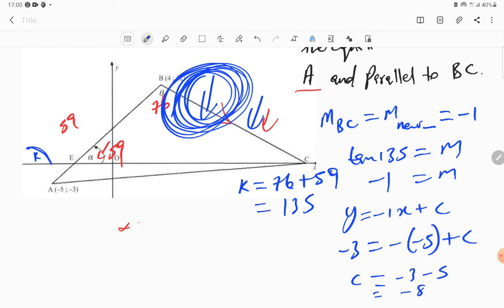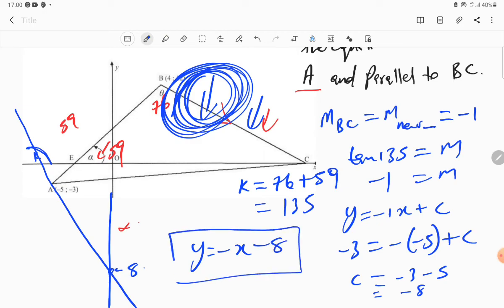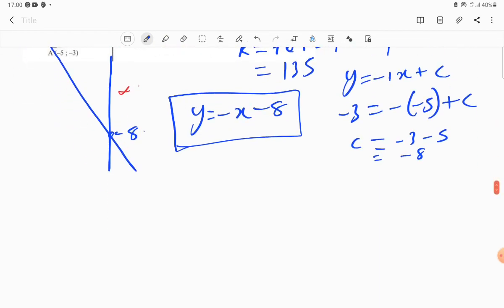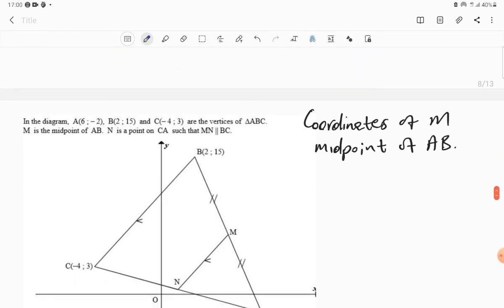Of course, if the line continued that way, your y-intercept would be negative there, and it is just equal to -8. So the equation of the line is y = -x - 8. This is the equation of the line parallel to BC, which is a question that needs more application, but nonetheless we managed to get it all.